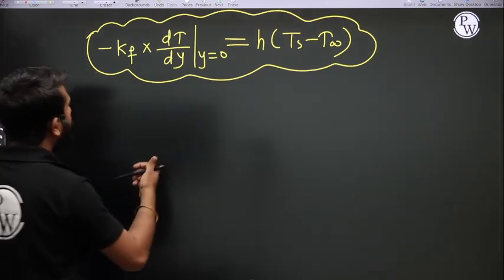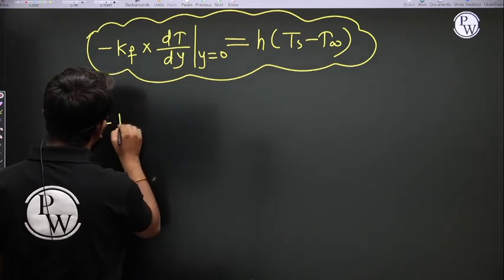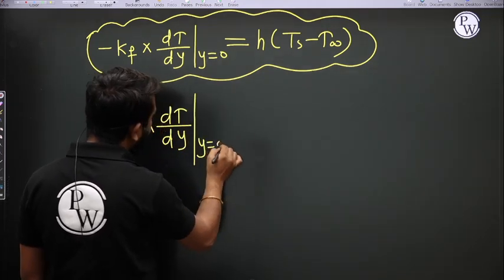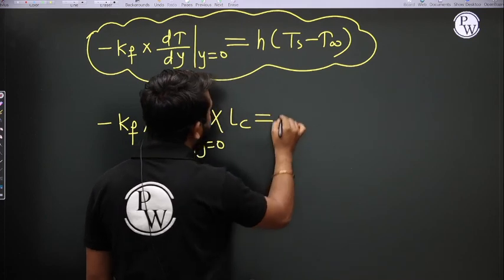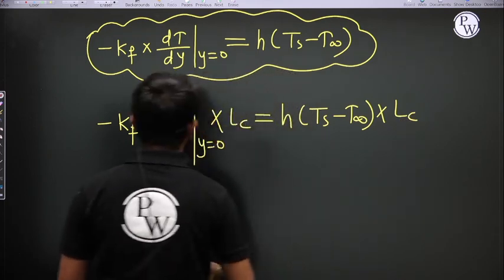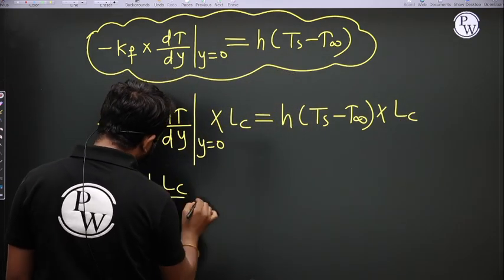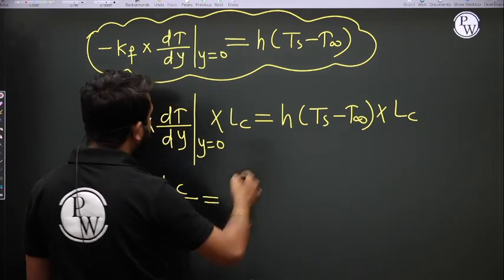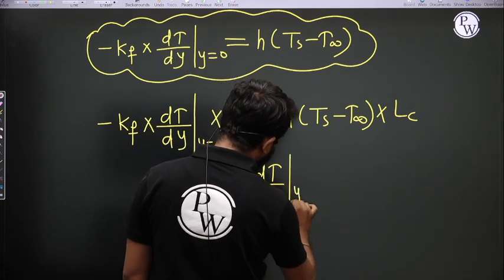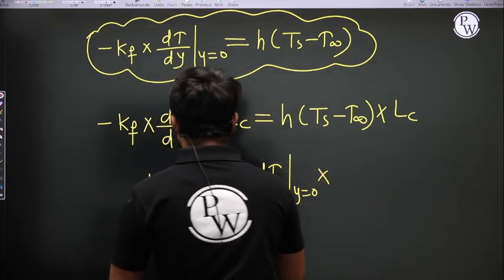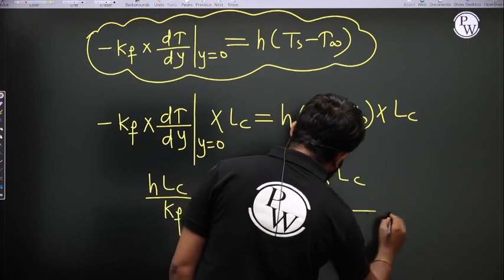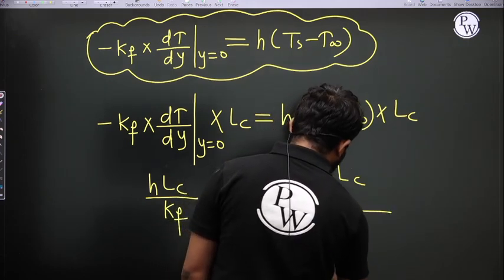Now both sides multiplied by L_c. So this is k_f dT/dy at y equals 0 into L_c is equal to h into Ts minus T infinity into L_c. So hL_c by k_f is equal to minus dT/dy at y equals 0 into L_c divided by Ts minus T infinity.